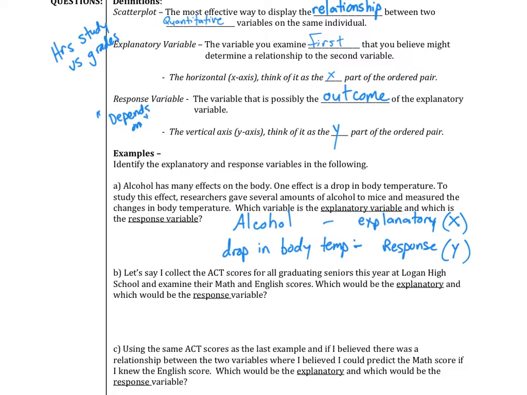If there's no alcohol in the mice, the body temperature won't drop. But the more alcohol they have, the more it can drop their body temperature. So the explanatory is the alcohol, and the drop in body temperature is the response. Another way to think of it: how can you explain the drop in body temperature? You can see if the mice drank alcohol.